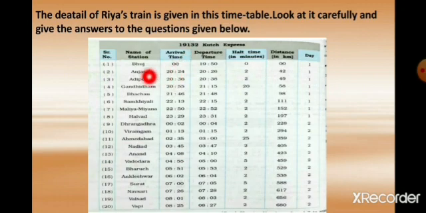Arrival time. This is arrival time. For example at Anjar, so arrival time is 24 hours. Departure time, then hold time, distance in kilometer. So this shows how many kilometers will train travel, and this is day.